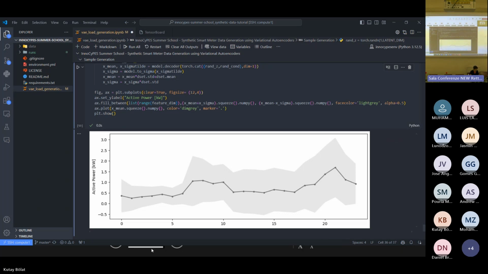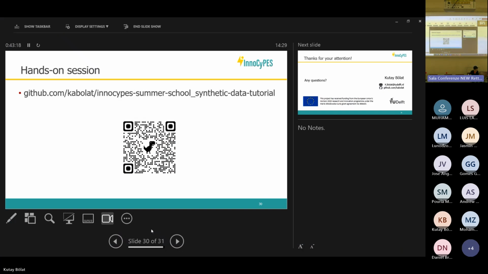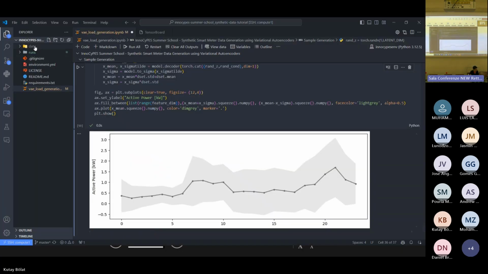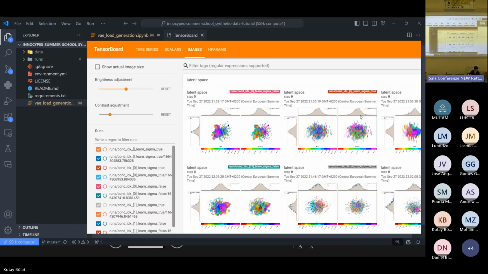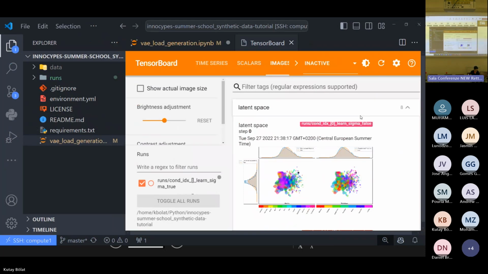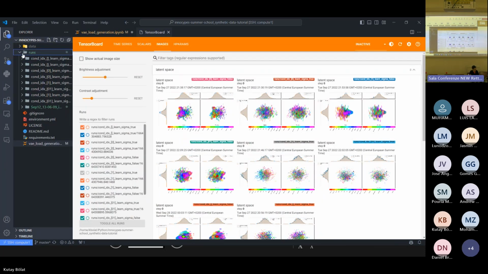Lastly, I also did some ablation study by using no conditions, only weekdays, only months, and both of them. You can find them in the runs folder, by opening them in TensorBoard.